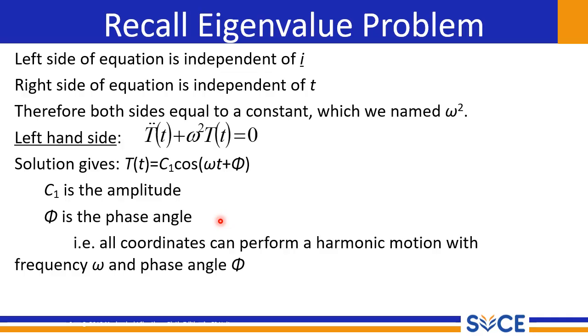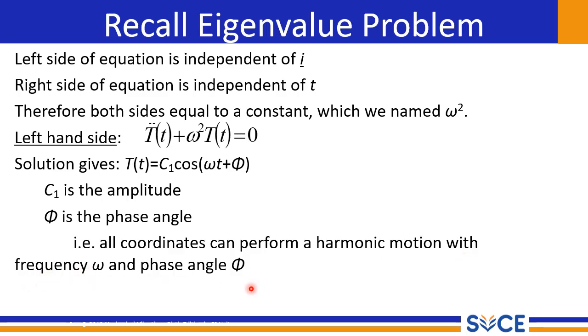What's truly remarkable about this solution is its implication for the motion of our entire system. Since we assume that each coordinate x i is given by capital X i times T of t, and we have now found that T of t is a sinusoidal function with frequency omega and phase angle phi, it means that all coordinates of the system will perform a harmonic motion with the same frequency and the same phase angle.